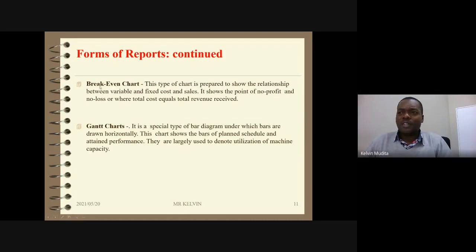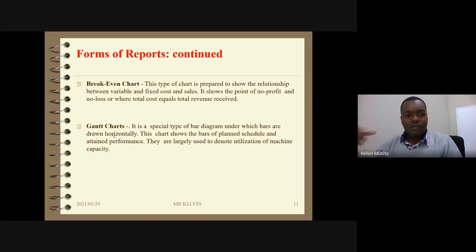Then we have technical reports that use Gantt charts, especially for projects. The concept of Gantt charts, don't mind about it right now. We are going to do it in detail, and everyone will be able to plan for a project. This is project management.